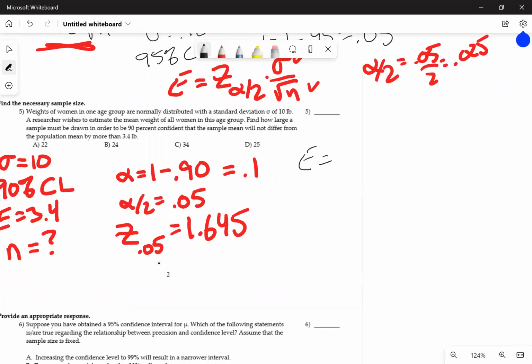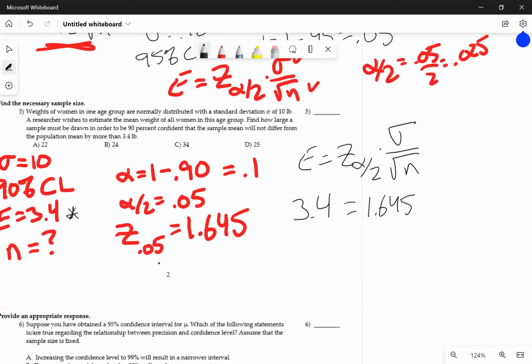So now I'm going to look at my equation. E equals Z of alpha over 2 times my standard deviation over the square root of n. I want an E of 3.4. That's right here. So 3.4 equals my Z of 0.05, which is 1.645.